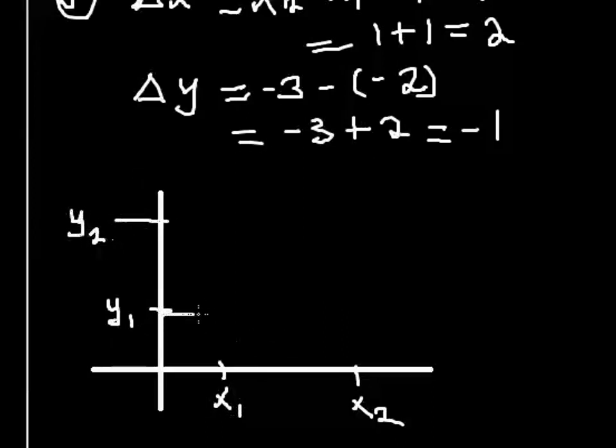So that means the intersection at this point, where x1 and y1 intersect, that's the initial point P1. The coordinate is x1 comma y1.